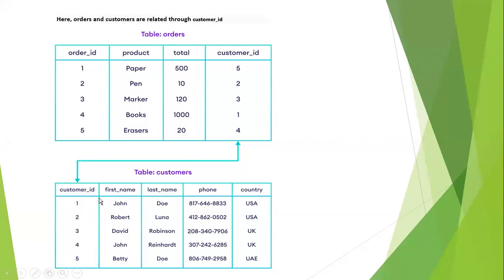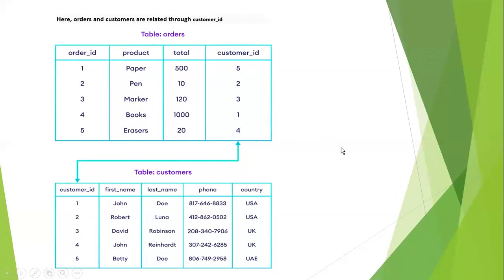That customer has ordered books with a total of 1,000. So that's the order of that particular customer. We keep the orders in the orders table and create the relation with the help of customer ID. So how do we know which order belongs to which customer? Are you clear how we are creating relations?